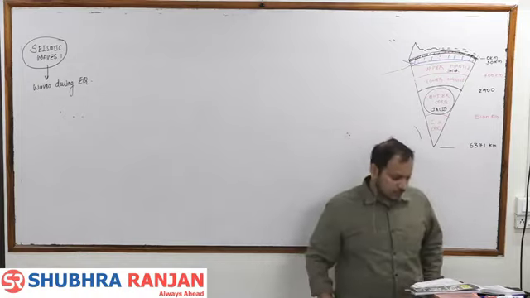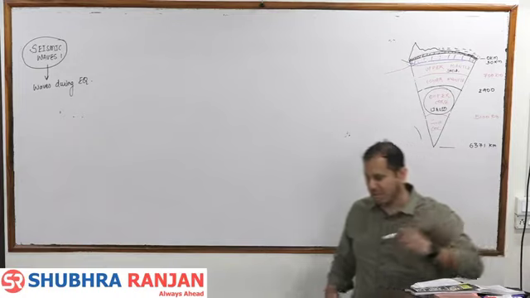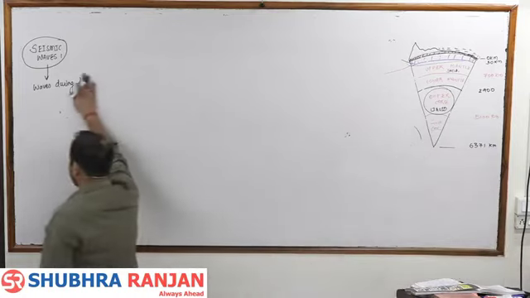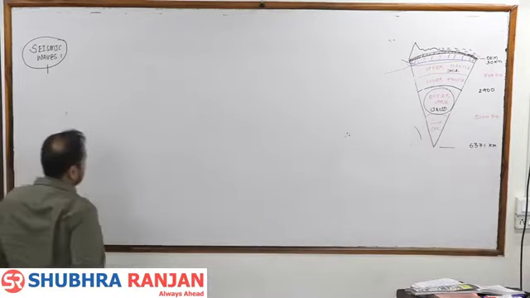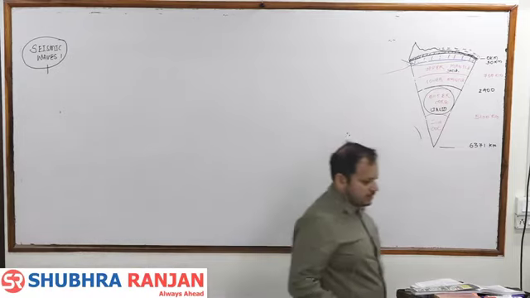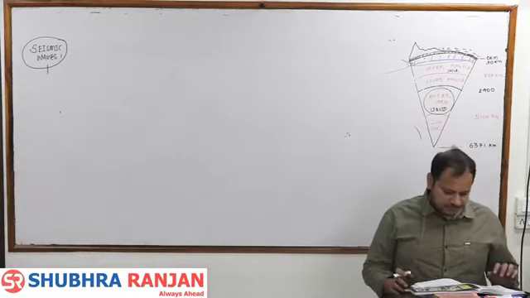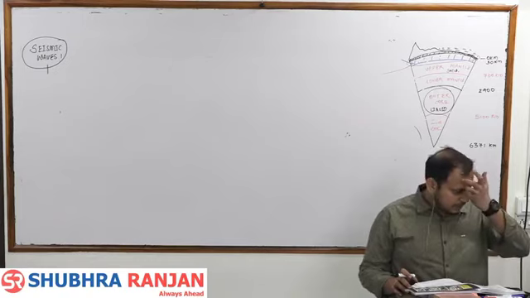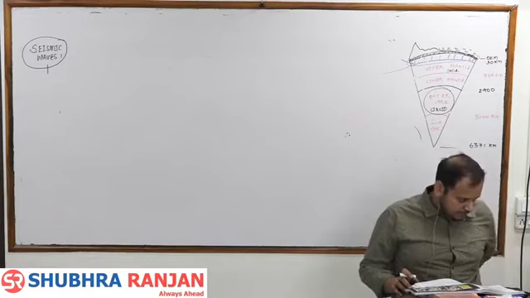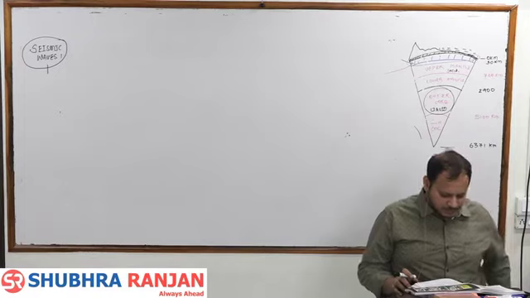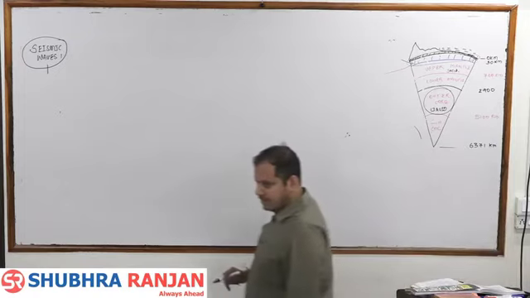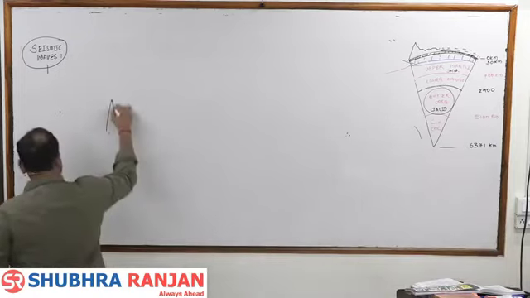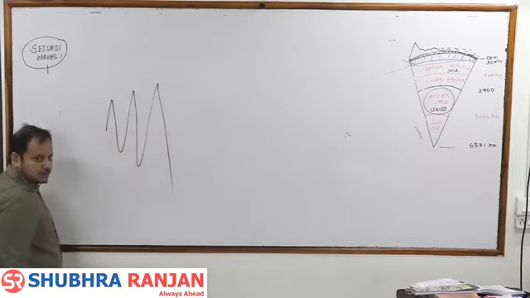Next, S waves, or secondary waves. They are similar to light waves. Why do we say similar to light waves? Because like light waves, it goes up and down.